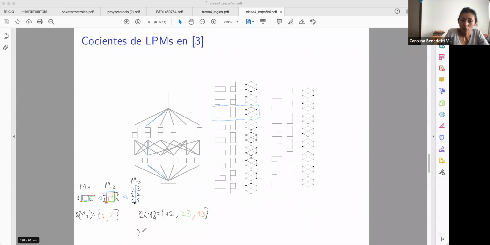And for the last one, there is only one way, no? To go from this dot to this dot, there is only one way, which means this only has 1 basis, and that basis consists of the set 1, 2, and 3.